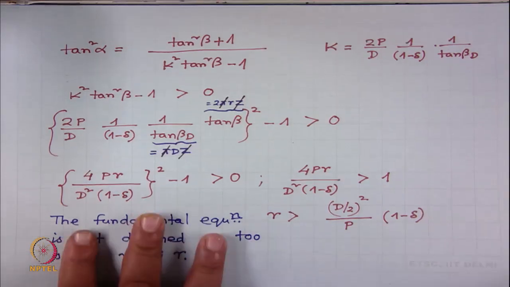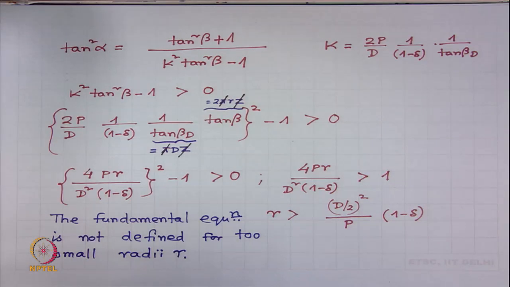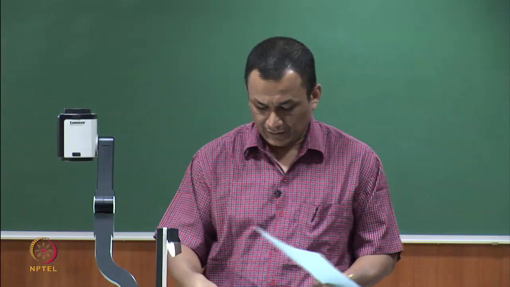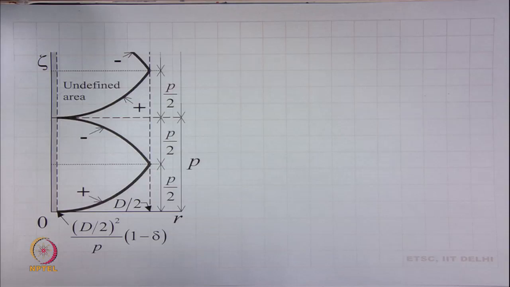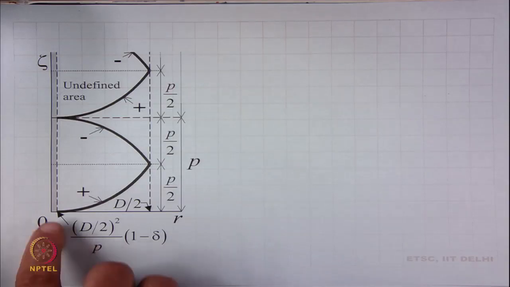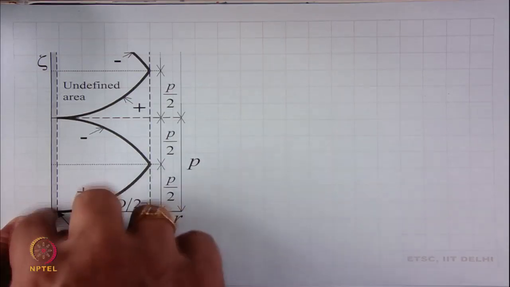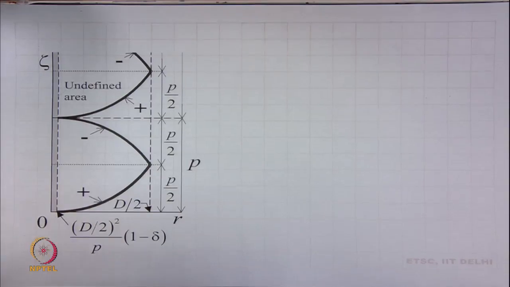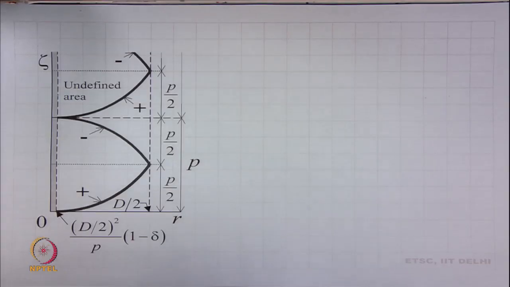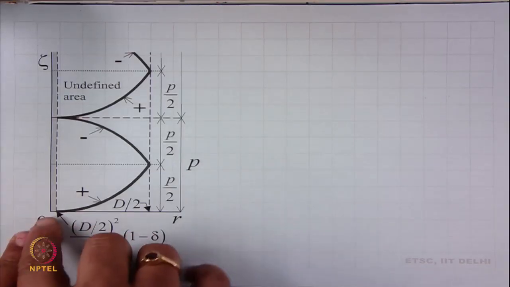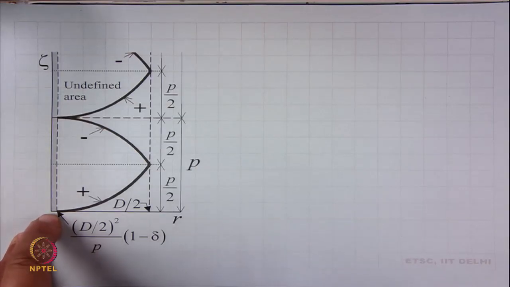What is the meaning of this? Something like this. This is the radius and this is the axial length of yarn, r zeta. The fiber is not starting from 0 because r is greater than a small value.